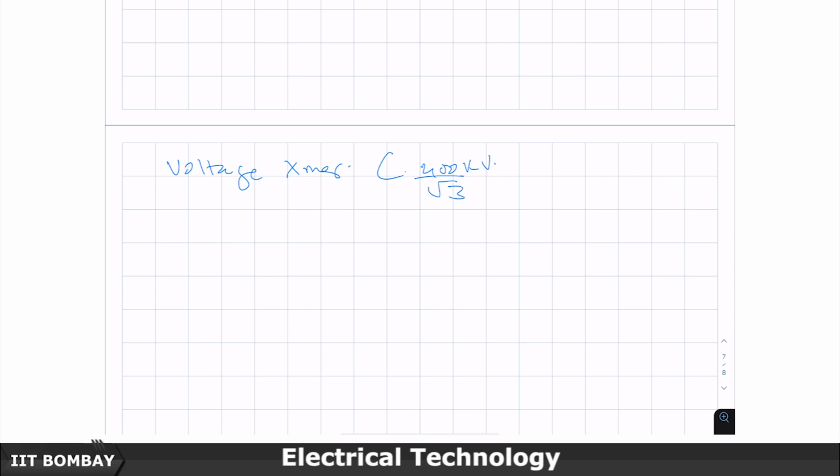That means line to ground or line to neutral is 400 by root 3 kV. So, it is going to step down this voltage to around 110 volt 3 phase, or for single phase it is 110 by root 3 volts.